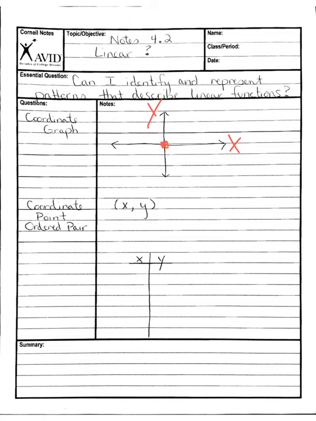Where the two lines cross, the x-axis and the y-axis, that is located at (0, 0), and that is called the origin. When we have a point, we call it a coordinate point or an ordered pair, and the first number represents our x, the second number represents our y. Our x goes left to right, and our y goes up and down.